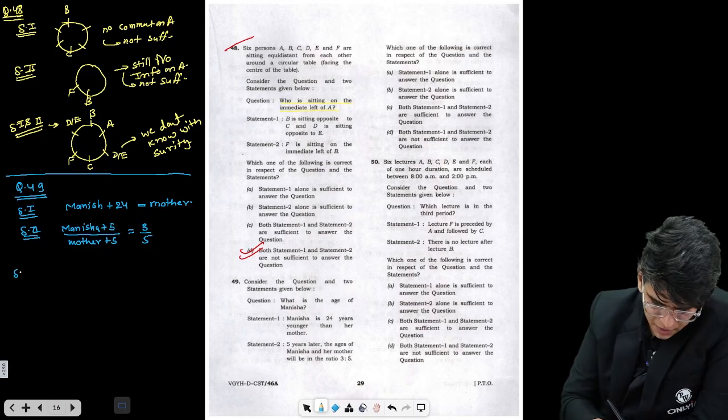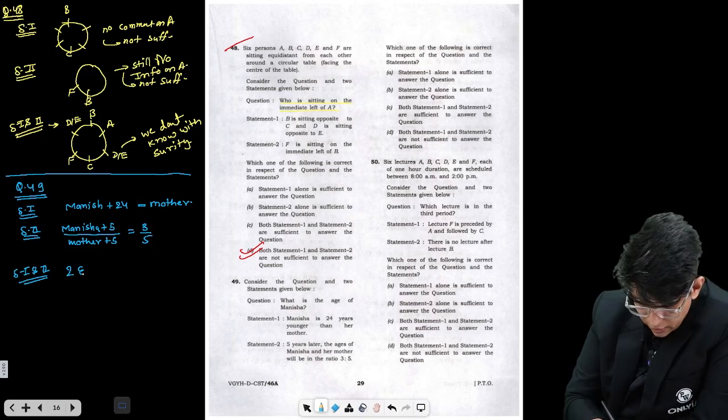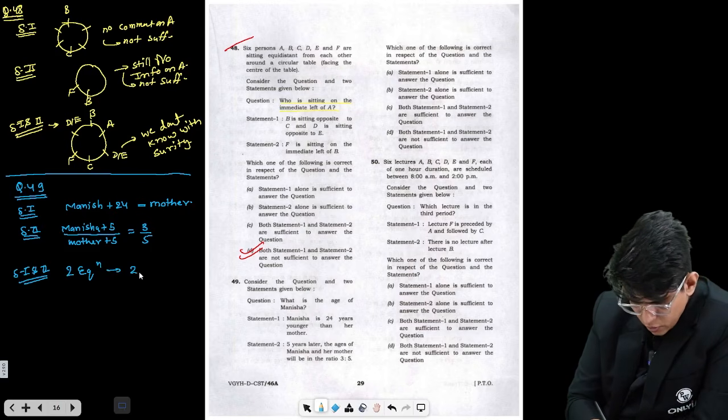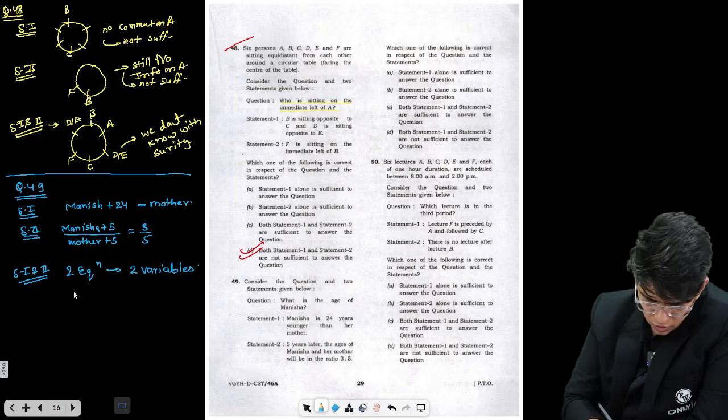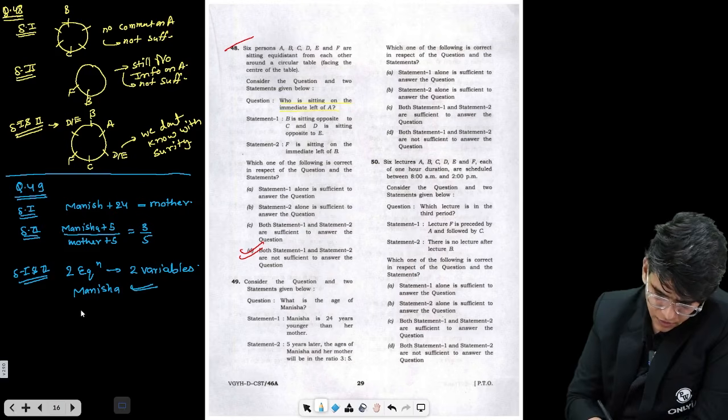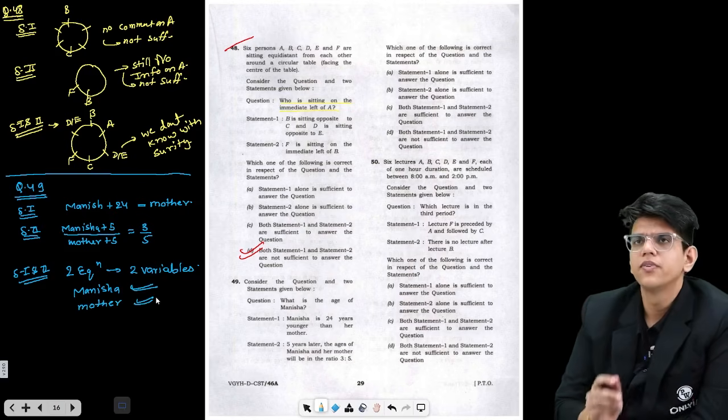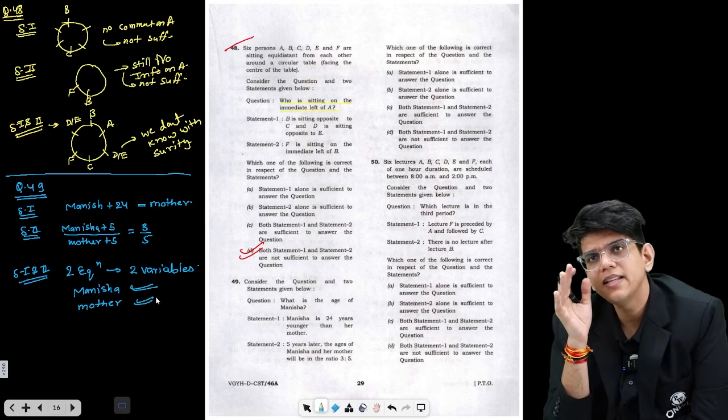But when we combine statement 1 and 2, two equations, two variables. Now you will be able to tell Manisha's age, also the mother's. You need not find the age itself.